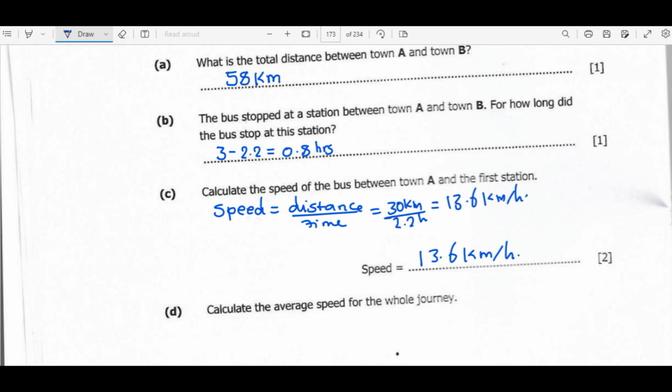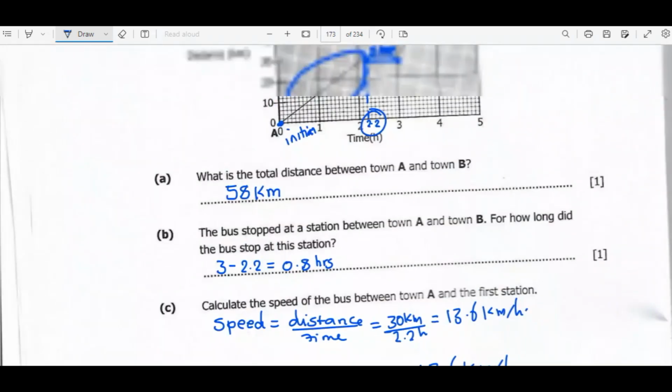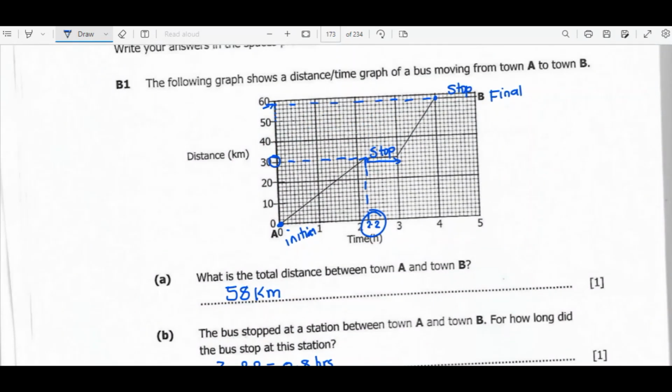Then question D. Calculate the average speed for the whole journey. So average speed is equal to total distance divided by time taken. So total distance is 58 over, let's go back to our graph. In case you get problems when taking the time for this one, the journey ended here.